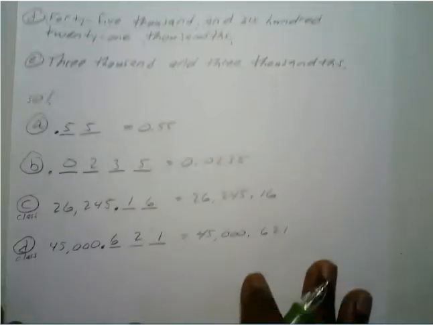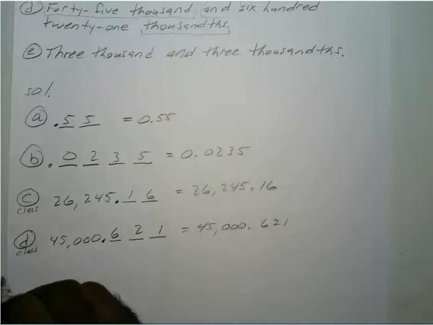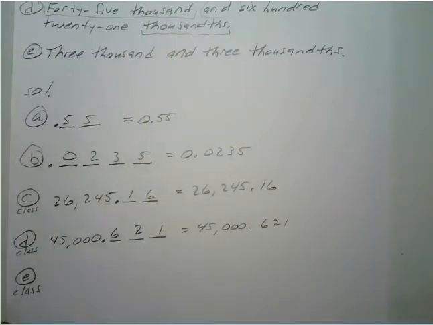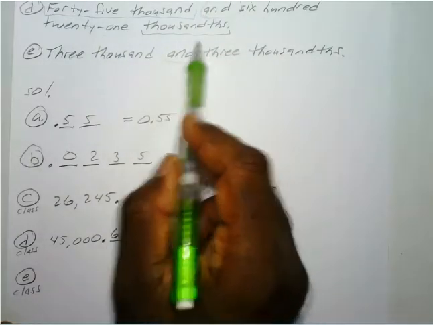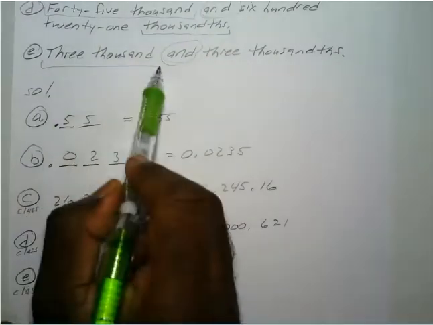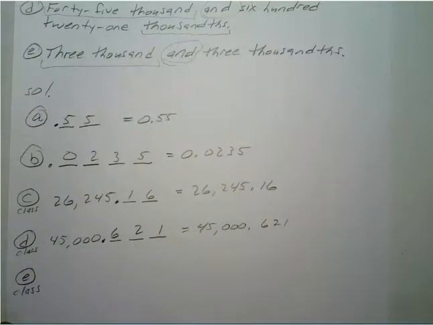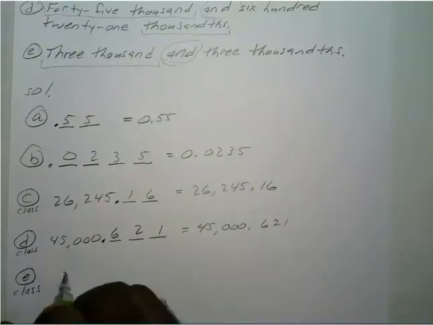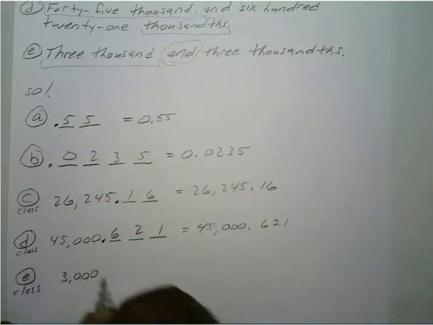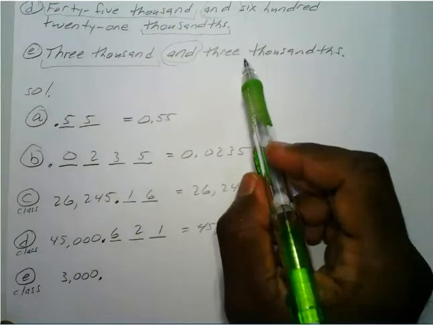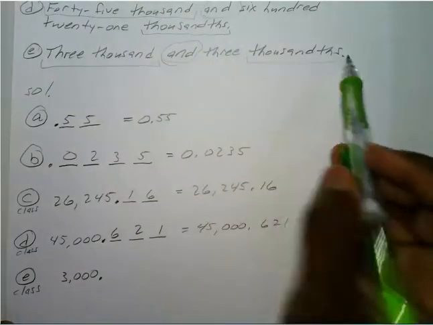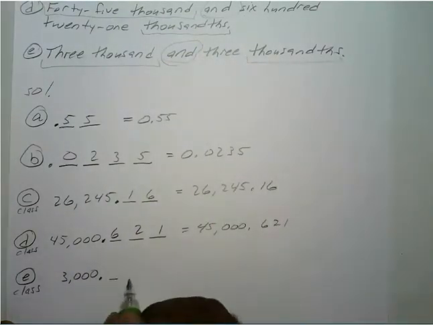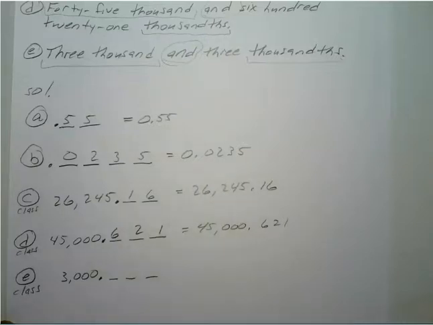All right, and we go for E. We have 3,000 and 3 thousandths. Okay, so here's your AND. Everything to the left is your whole number. So 3,000 and 3 thousandths. So you have tenths, hundredths, thousandths.